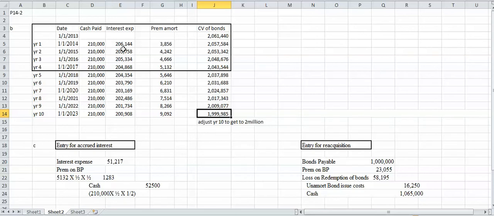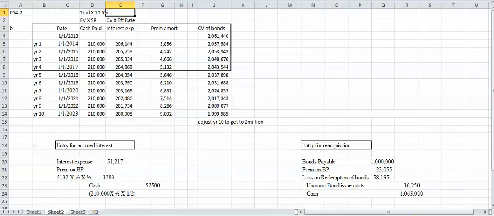All right. The cash paid is $210,000. I showed you that. You take the face value of $2 million times the stated rate, so $2 million times 10.5%. The interest expense is always going to be the carrying value times the effective rate.